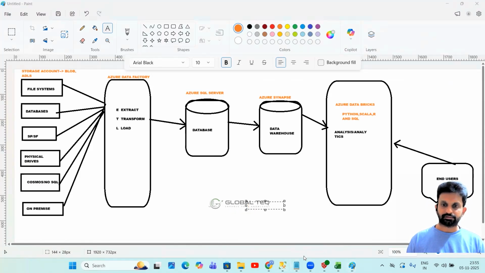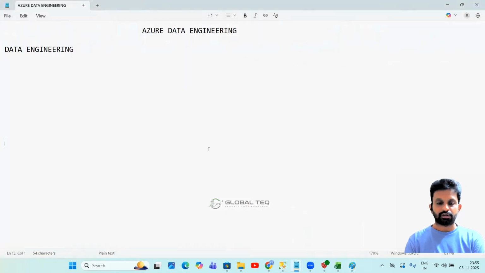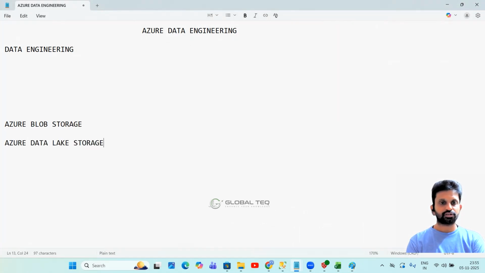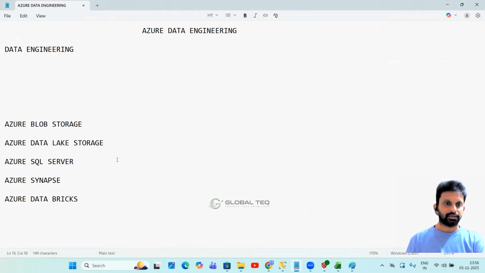Now, as part of the course, we are going to cover Azure Blob Storage, Azure Data Lake Storage, Azure SQL Server, Azure Synapse, Azure Databricks, and Azure Data Factory.